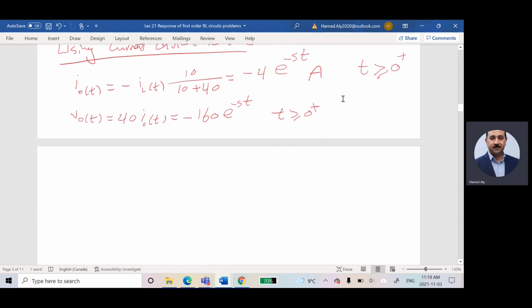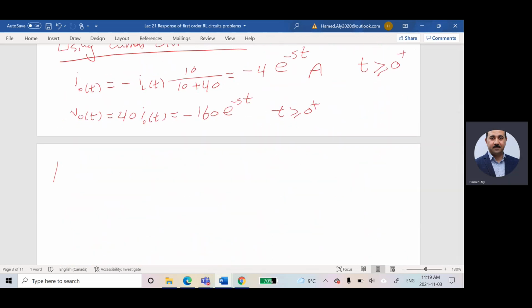So the power for 10 ohms is equal to VO squared divided by 10, which is equal to 2560 multiplied by e to the power negative 10t in case of t greater than or equal to 0 positive.